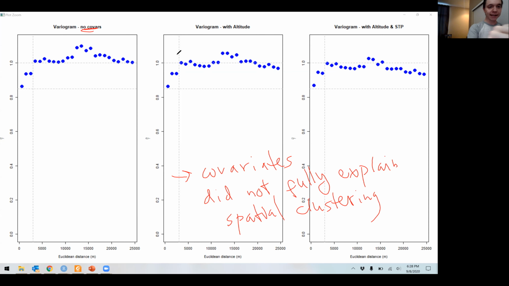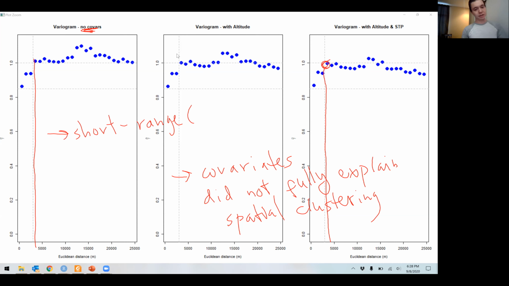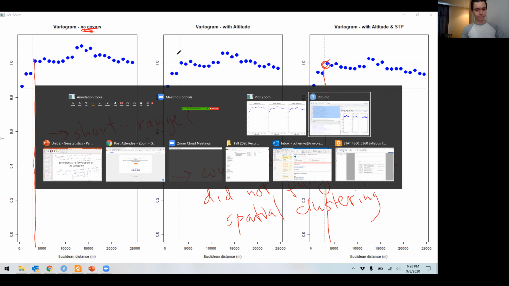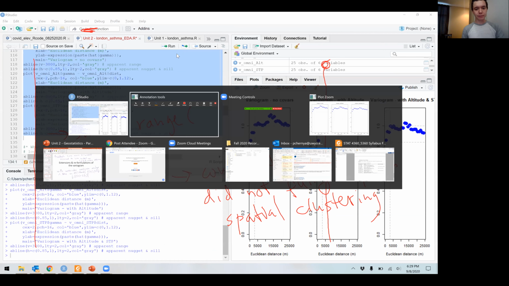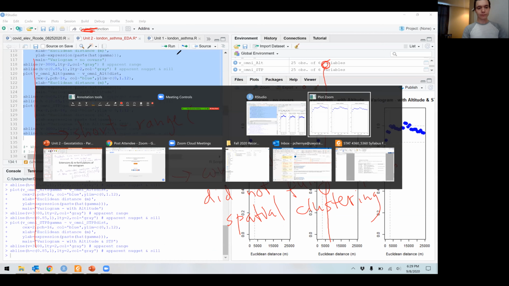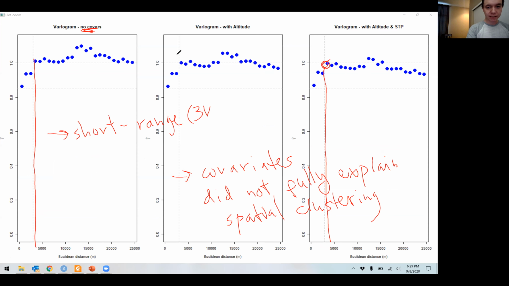Whether it is without any covariates or with all kinds of covariates, there is a short, relatively short range spatial process still present. A short range. I think this line is at, well, I can just flip back and see. That line is at 3 kilometers. There is still a 3 kilometer spatial process present.